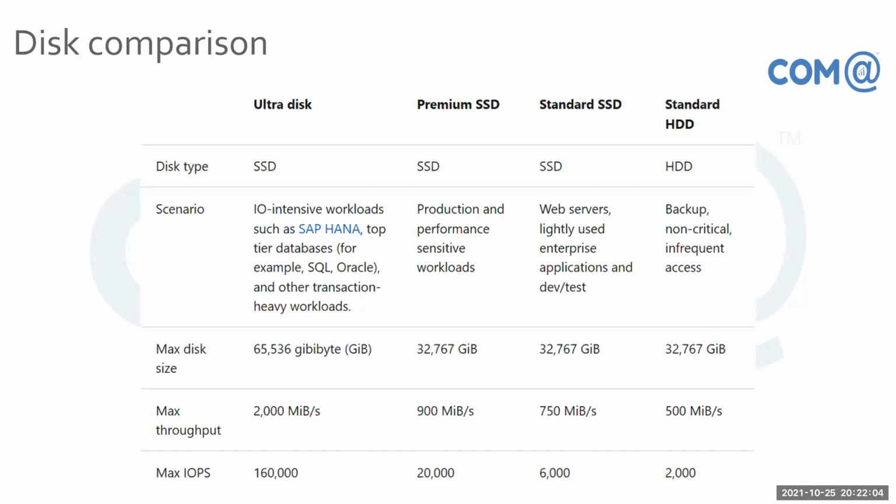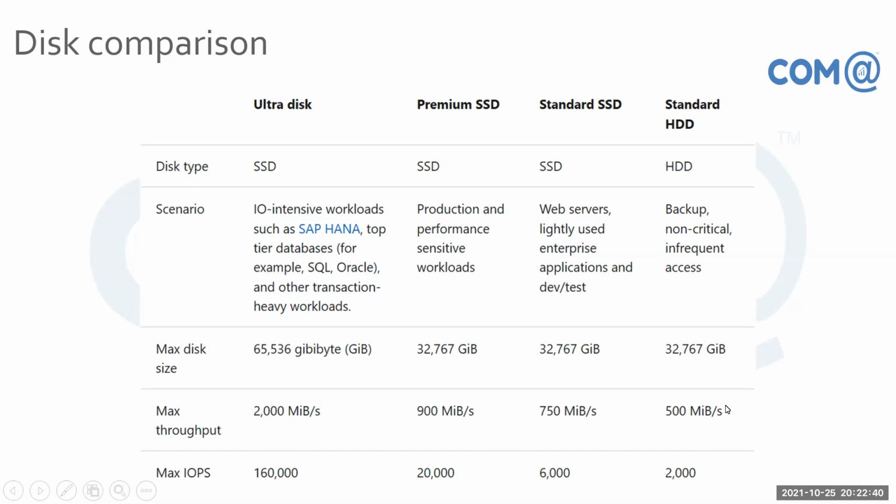And here is the comparison of the types of disk. You can see the capacity: Ultra Disk has up to 64 terabytes, whereas Premium SSD, Standard SSD, and Standard HDD have a maximum of up to 32 terabytes. Speaking about throughput, Ultra Disk has the highest throughput, Premium SSD is less than 50% of Ultra Disk, and the standard SSD is a little bit lower compared to the premium SSD.